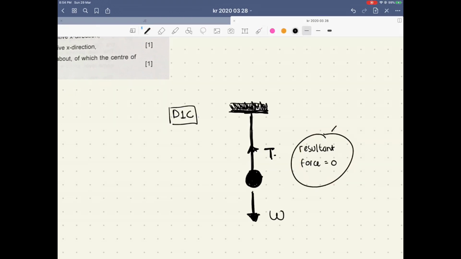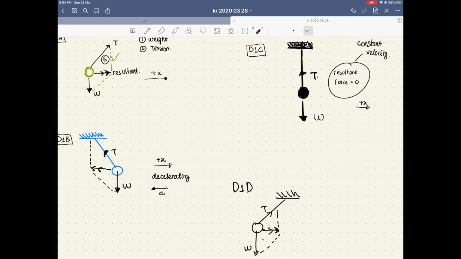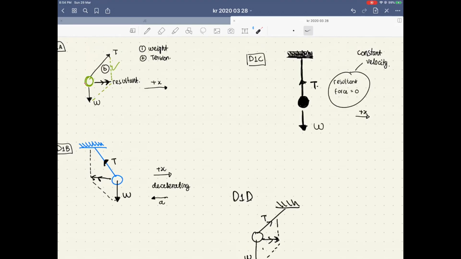I write down that this is because it's constant velocity, the resultant force is zero. The resultant force is zero, so it's just vertical. Weight and tension will be equal. They cancel each other. That's why the resultant is zero. So very easy to draw.